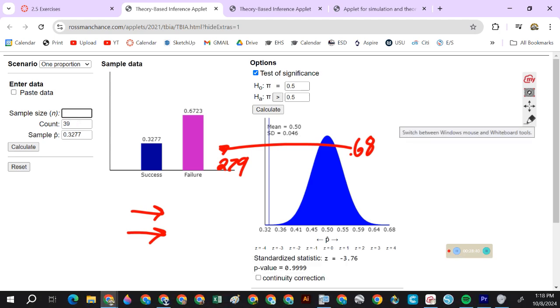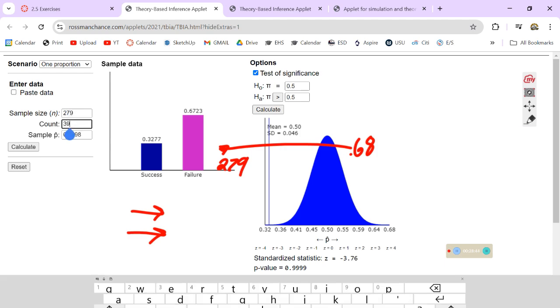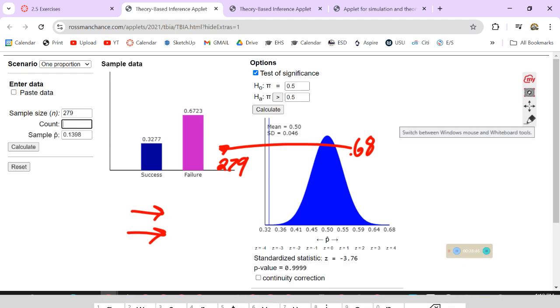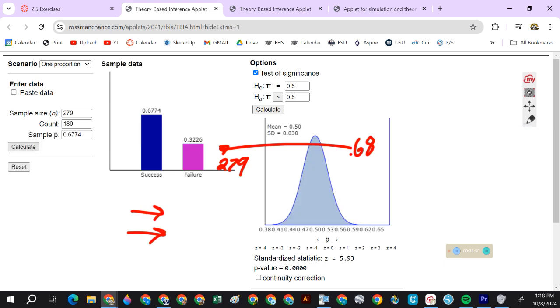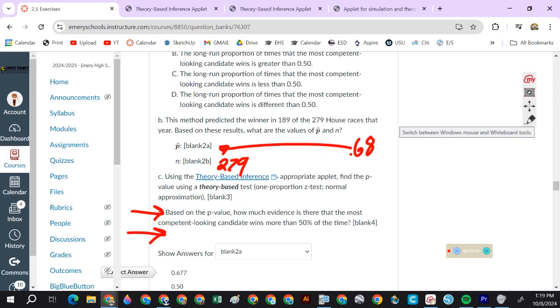This is 279, and the count is 189. Well, we get a z-score of 5.9. How likely is a z-score of 5.9? Extremely unlikely.